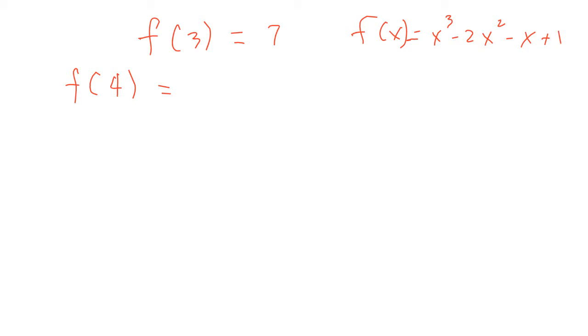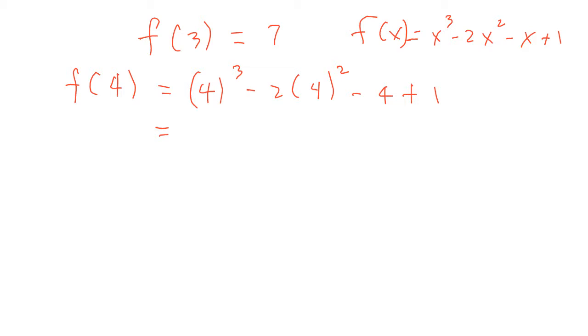Okay, and then let's plug in 4: 4 to the power of 3 minus 2 times 4 to the power of 2 minus 4 plus 1. What we're doing is just plugging in our value 4 for x here. And then we calculate.